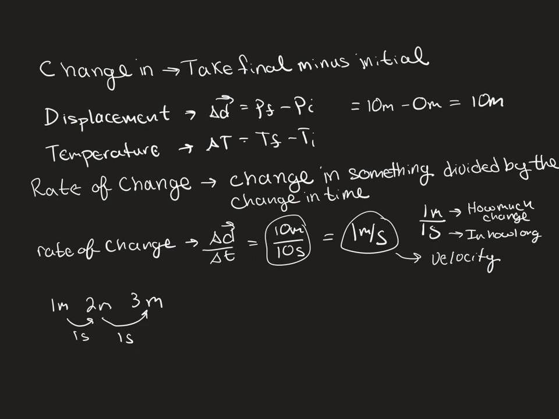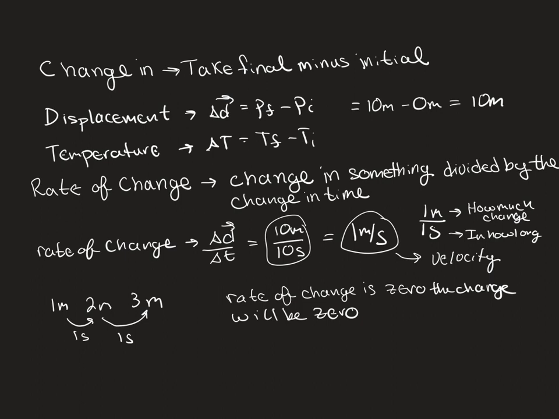Now, I want to point out a couple of special cases here. First off, if the rate of change is 0, the change will be 0. What does that mean?